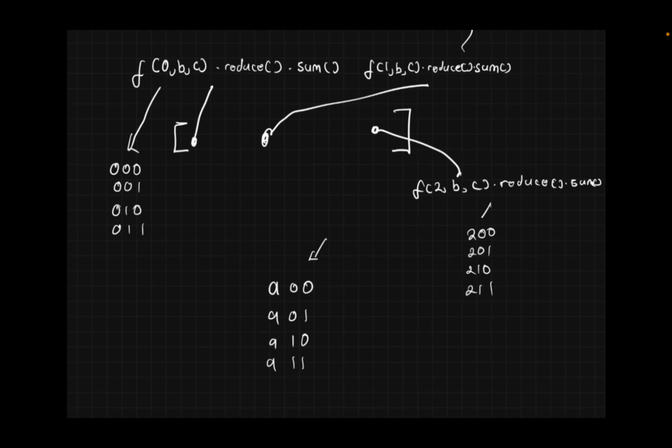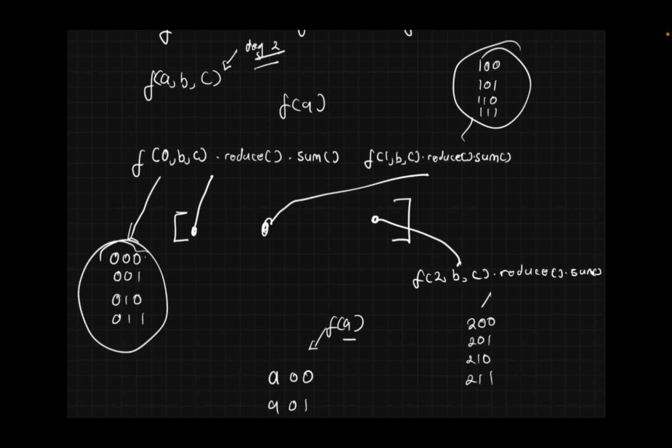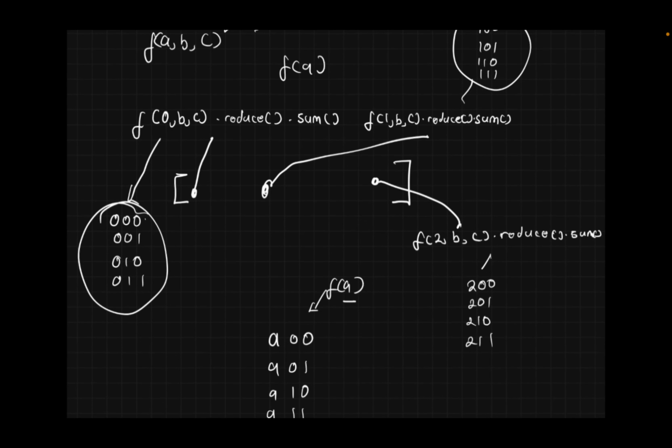This is supposed to be your f of A, right? But then this f of A is quadratic, right? So to actually get like the evaluation form representation for this, you need to evaluate at 3 points, right? So you do f of A where A is 0, then you do f of A where A is equal to 1, then you do f of A where A is equal to 2. And those will be the 3 points that you will send.